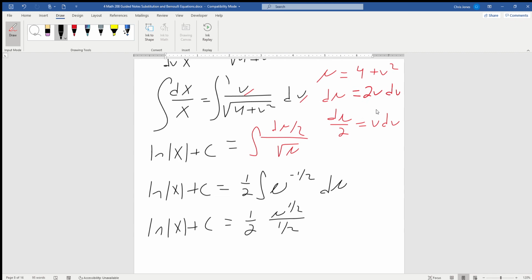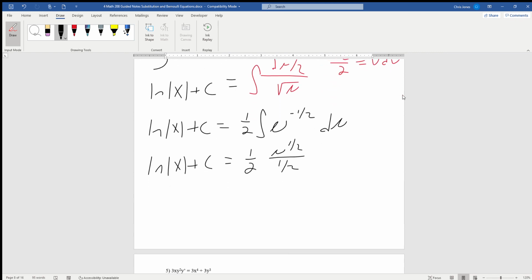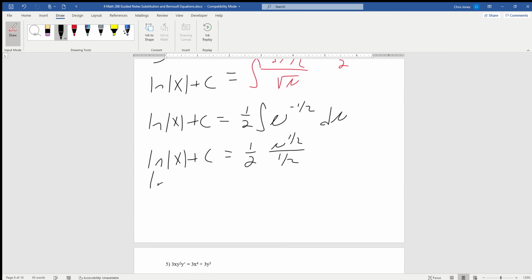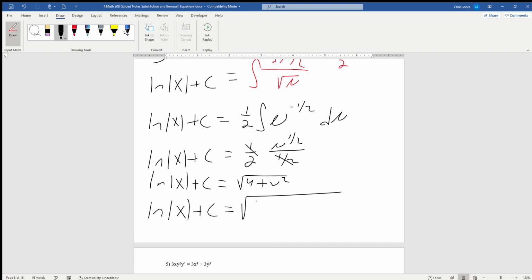Remember that u was equal to 4 plus v squared. So we get ln of x plus c is equal to, the halves cancel out, the square root of 4 plus v squared. And then remember all the way at the beginning that v was equal to y over x. So our final answer, or one final answer, is going to be the square root of 4 plus the quantity of y over x squared.